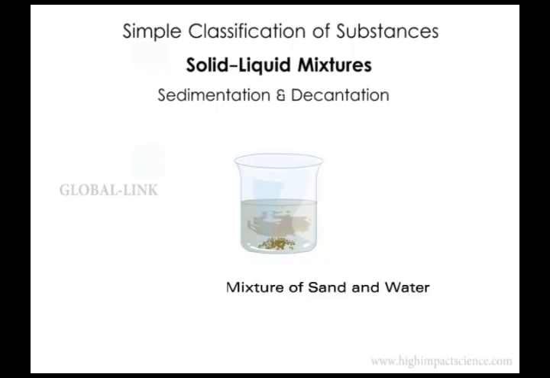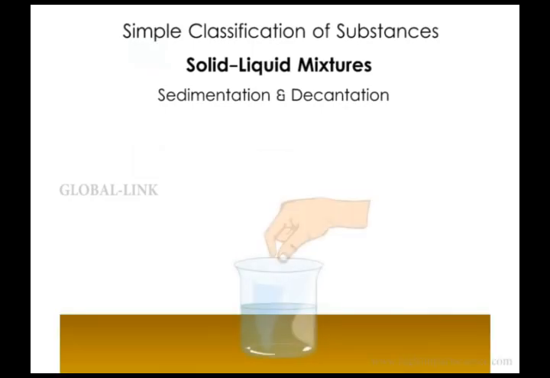Solid-liquid mixtures. We start with sedimentation and decantation. This method is used to separate a solid-liquid mixture in which the solid is not soluble in the liquid, like water and sand. The mixture is allowed to stand for some time undisturbed.